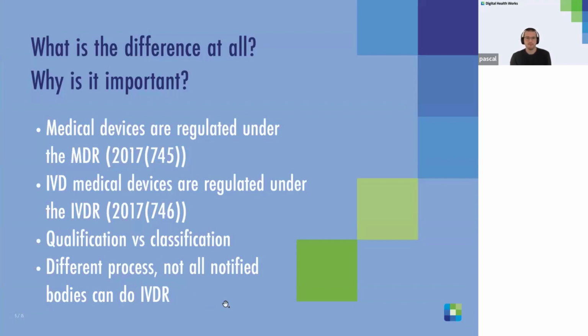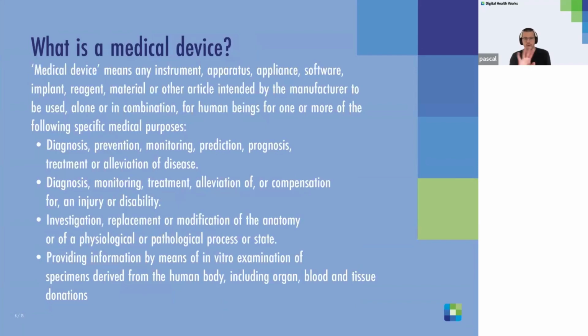So let's continue. Don't read this entire text. It's just the formal definition of a medical device under the MDR, so in case you come across this later, you can read it. But it's basically just what is a medical device?